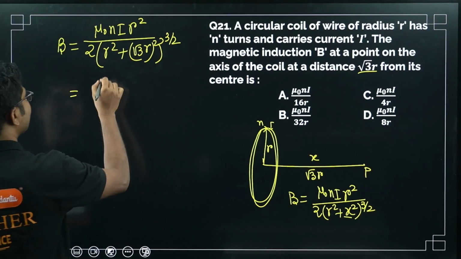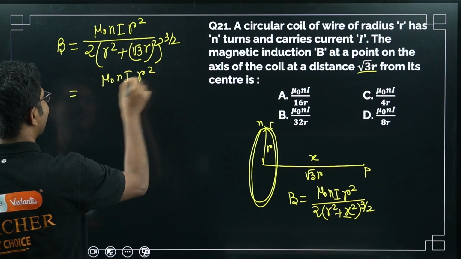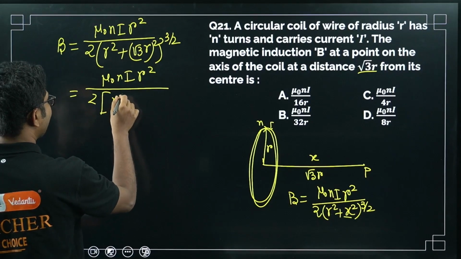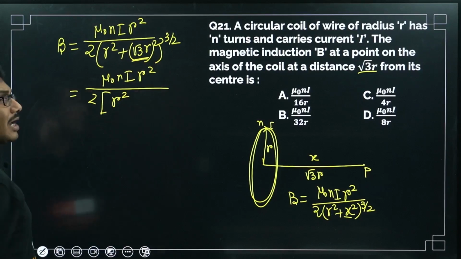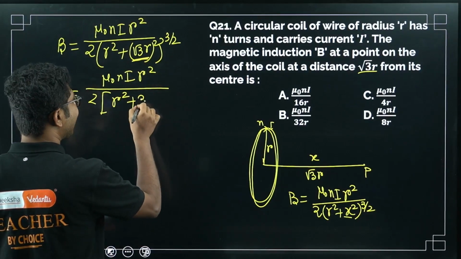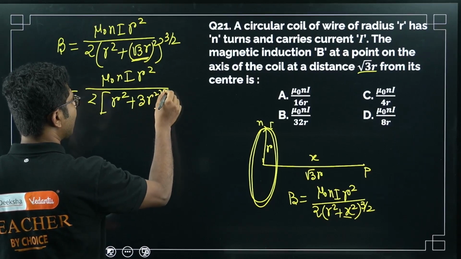The formula part is only physics, otherwise it's simply mathematics. Now root 3r whole square means root 3's whole square is 3 and r whole square is r square.